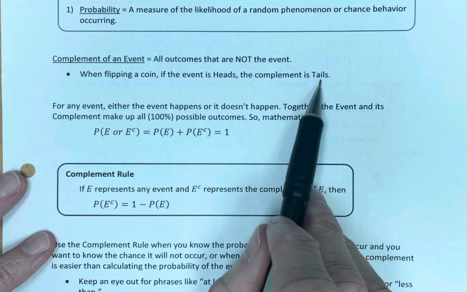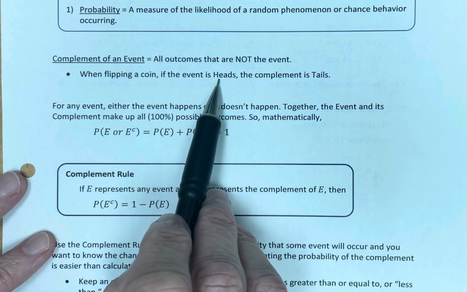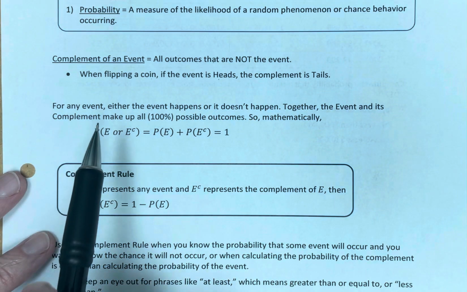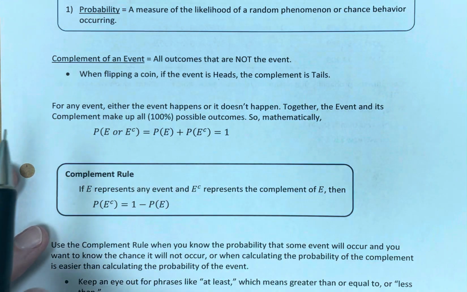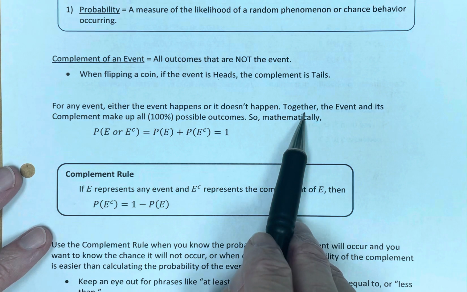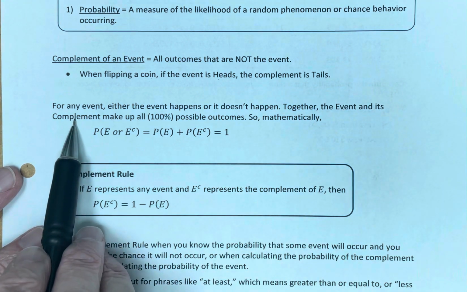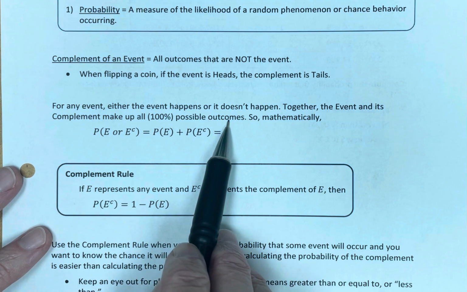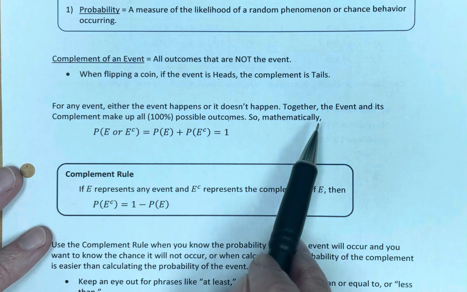Back to our heads and tails. The event heads happens, or it doesn't happen, it lands on tails. Together, the event and its complement make up all possible outcomes. The event plus its complement equal 1.